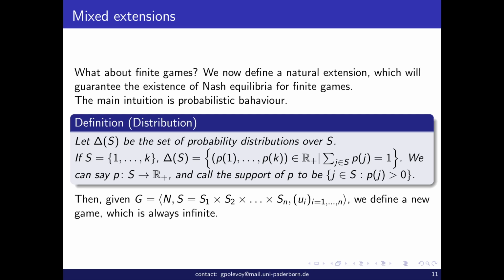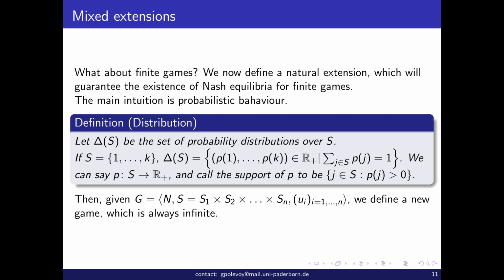Such a distribution can be seen as a function. Since it gives some probability to each one of the elements of S, it can be seen as a function from S to R plus. And we call the support of P the elements which get strictly positive value, or in this sense, probability.